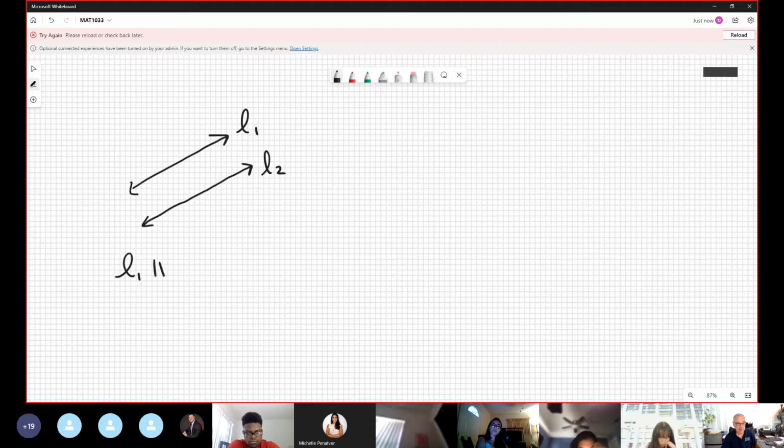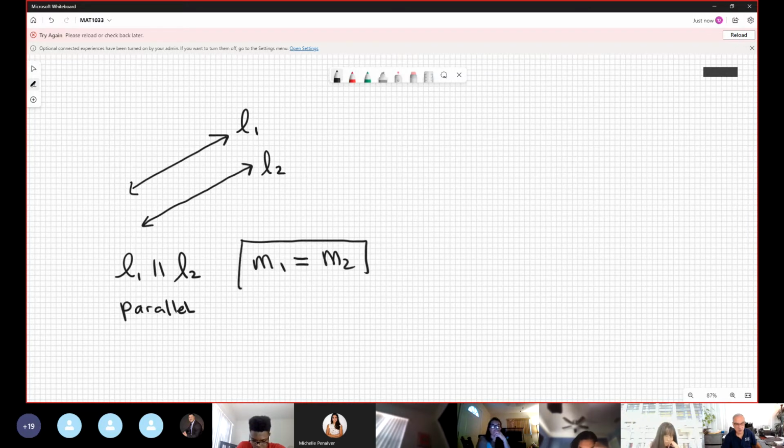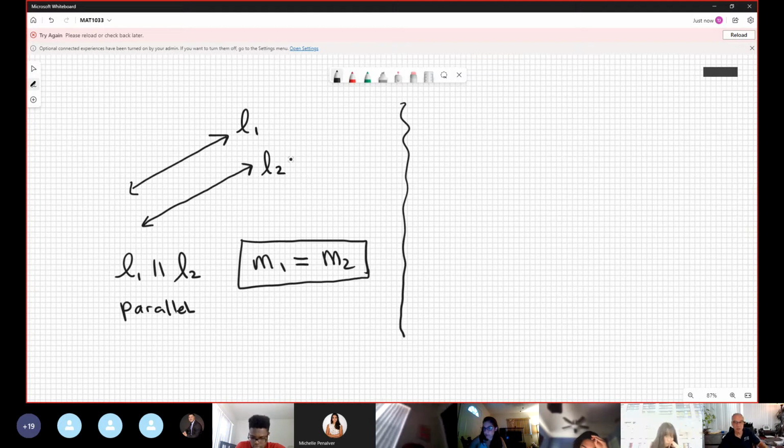When line 1 is parallel to line 2, it's because the slope 1 is equal to slope 2. This is the condition, guys. So you have two parallel lines and the slope is the same. It makes sense because the geometrical interpretation of the slope is inclination. So you have the same inclination because they are parallel lines. Makes sense? Yes.